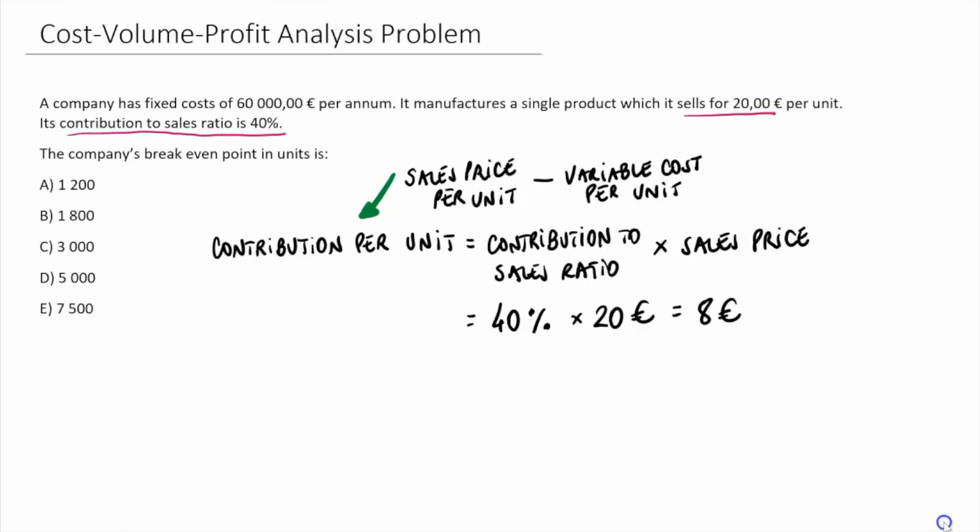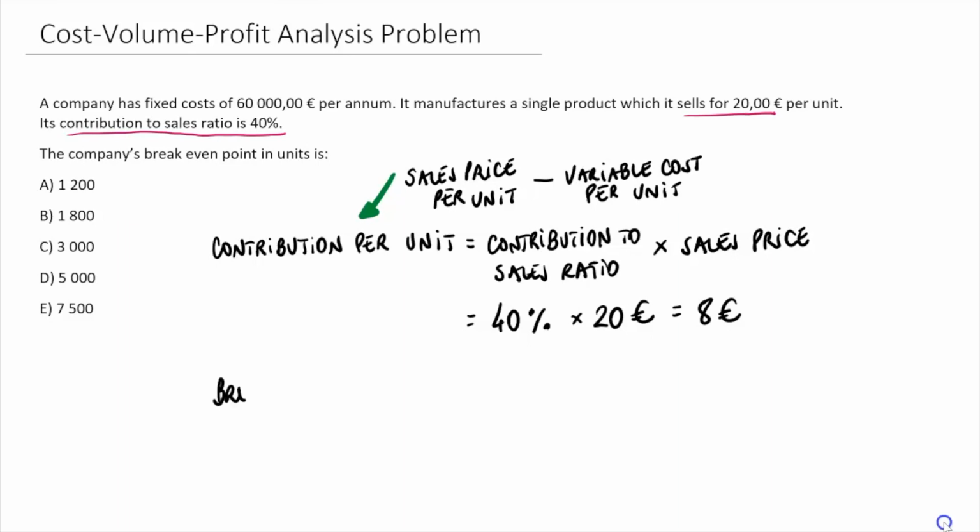So the value that we found, which was 8 euros, is the contribution per unit. After having this contribution per unit calculated, we can calculate now the break-even point.